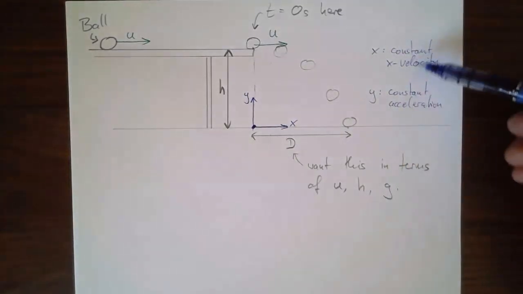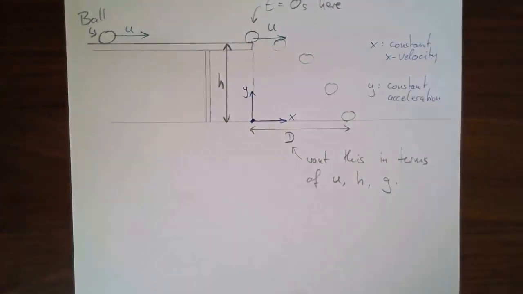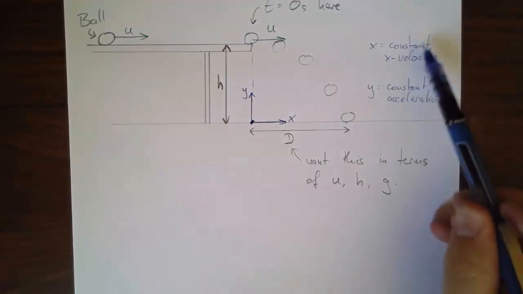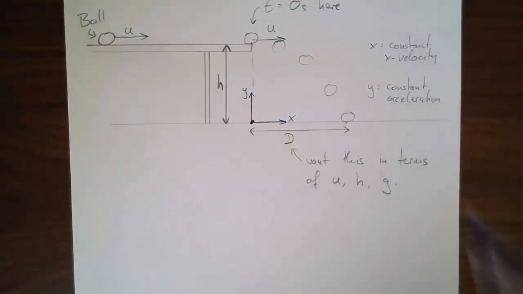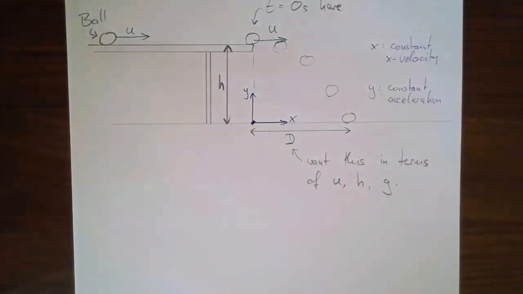We've identified the two types of motions in the horizontal and the vertical direction. And every time we have a situation where one direction is constant velocity, one direction is constant acceleration, we'll call that projectile motion, because that's what projectiles do. This is a projectile that's flying through the air.